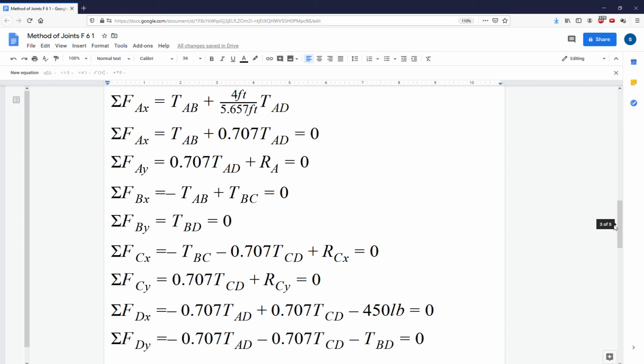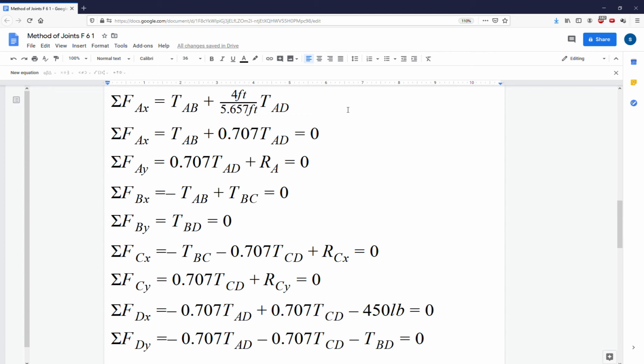Member AB is horizontal, so that tension pulls it purely to the right, so we can say just TAB. But member AD is pulling it diagonally, which means the horizontal component of force will be the horizontal component of the member length divided by the total member length. The horizontal component of the member length is 4 feet. The total member length is 5.657 feet.